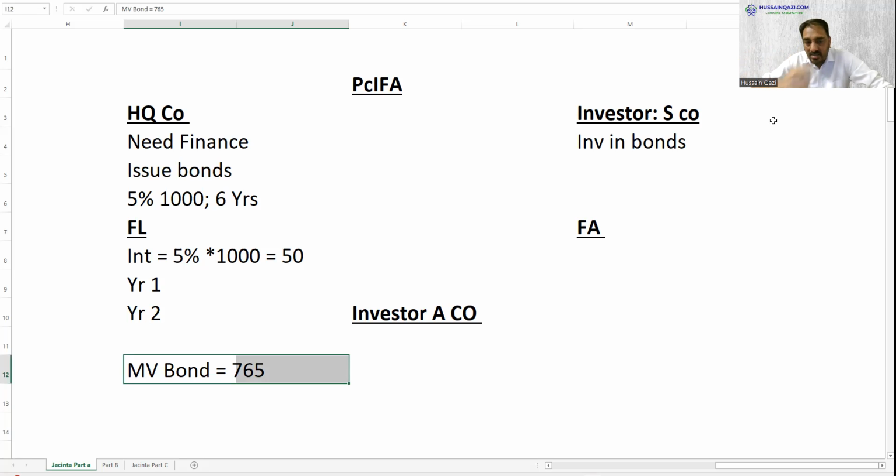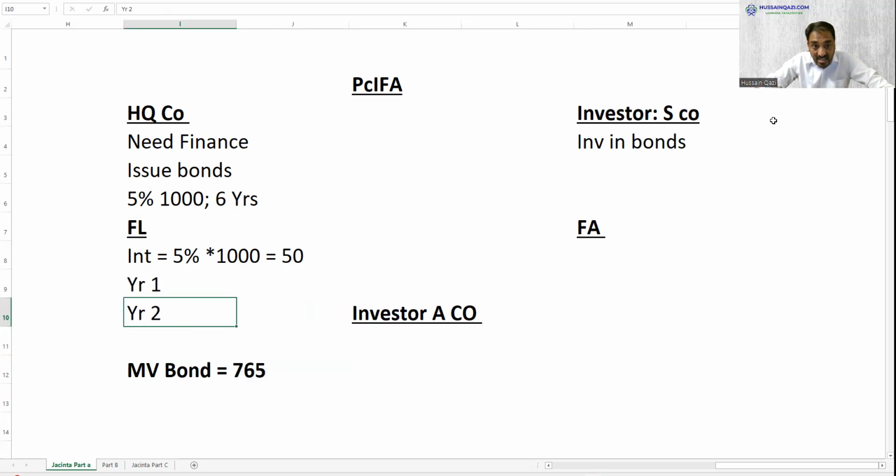Do remember, the market value of bonds now becomes 765, which means all the negative aspects about H company not being able to provide the complete interest or the principal have already been incorporated in this market value of bonds. Do remember that. So that is the very important point.